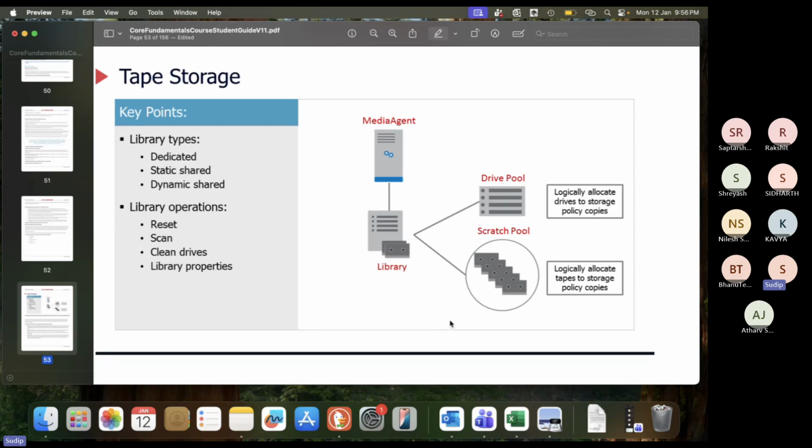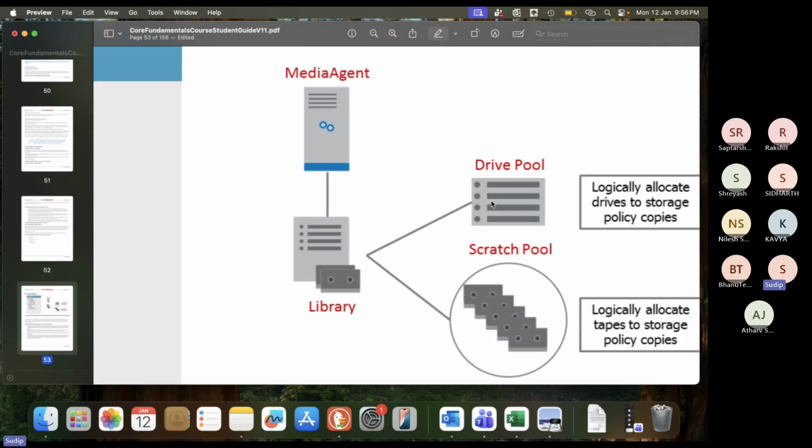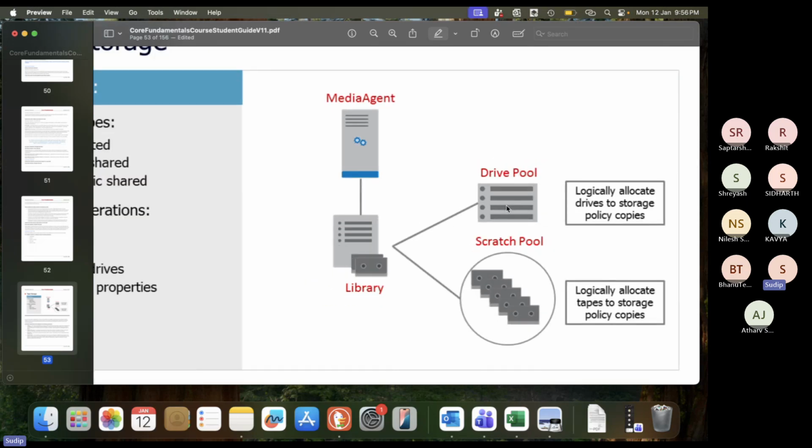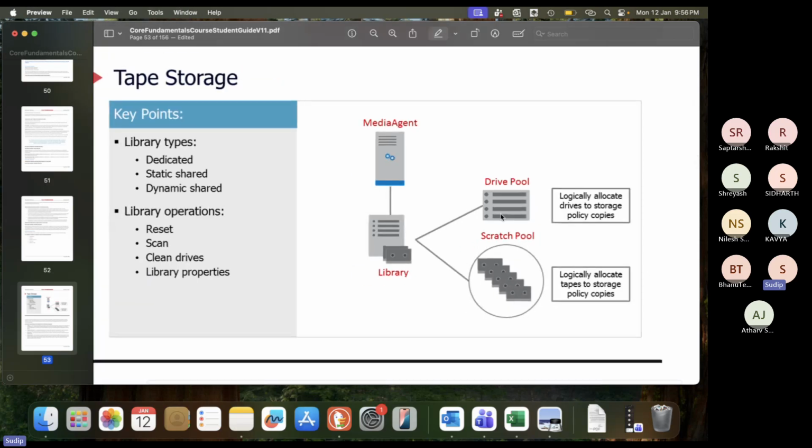Now, when we come to certain terminology, the tapes on which you're going to actually write data are called the media tapes or data tapes. And the tapes are read by something called a drive.